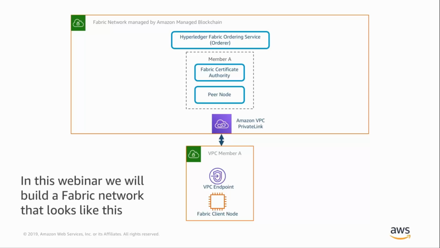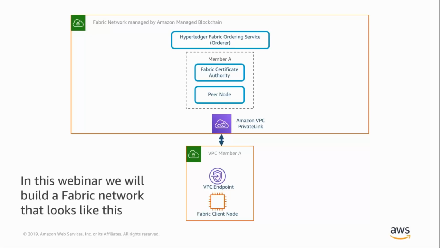And inside of that VPC, you will have a VPC endpoint, which points to the components managed by Amazon Managed Blockchain. This VPC endpoint uses Amazon VPC PrivateLink, which means that all the traffic over this network connection goes via a private connection on the Amazon backbone. It does not go over the public internet, and that traffic is all protected and encrypted.